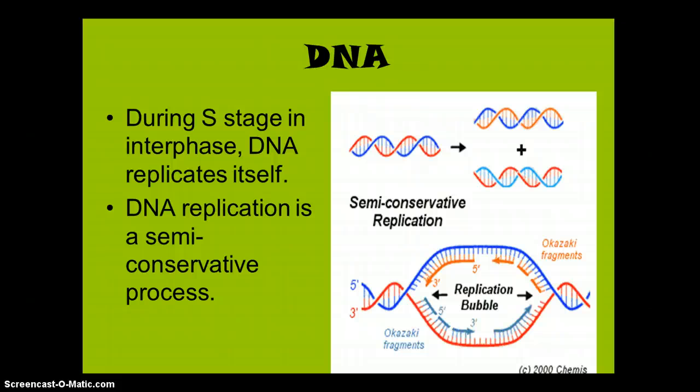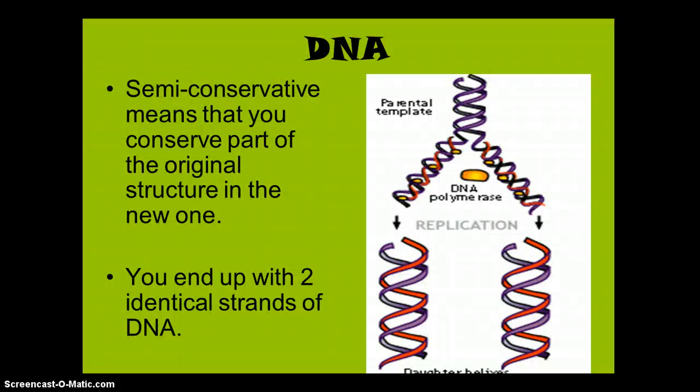DNA replication is called a semi-conservative process, and you guys should have already gone over this before. Semi-conservative means that you conserve part of the original structure in the new one. Okay, so here's our parent strand, and it's purple, and here we have our new daughter strand being built onto the parent strand, which is purple, and the daughter strand is red.